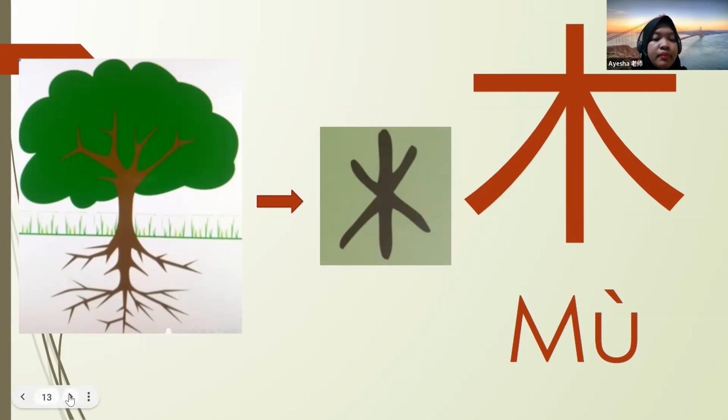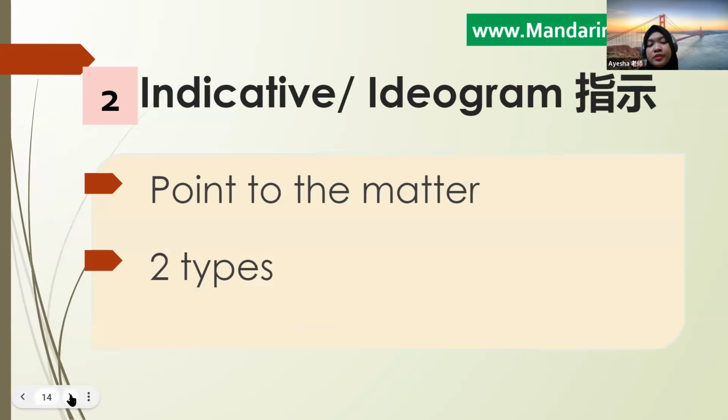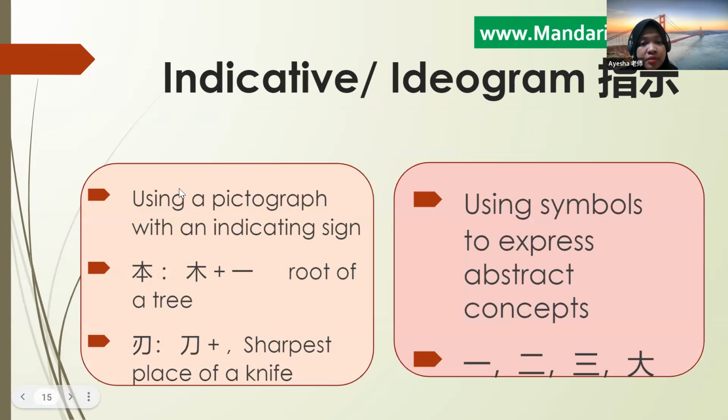Okay? All right. Now let's look at the second way for us to know where some Chinese characters came about, which is ideograms. What is it? It's basically pointing to the matter. It has two types. The first type is using a pictograph with an indicating sign. What do I mean by that? An indicating sign. So remember this word. What word is this? Remember? Anyone can recall how to pronounce this?